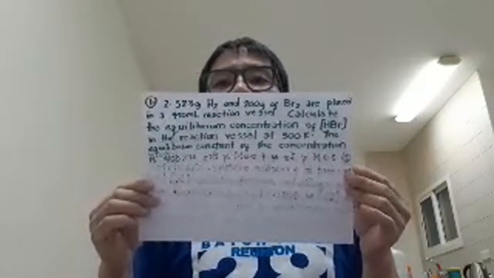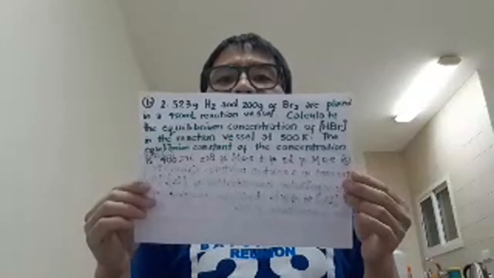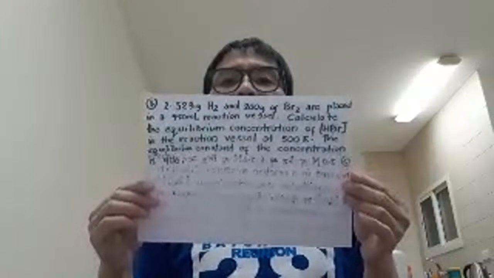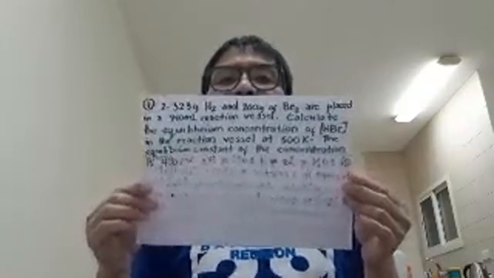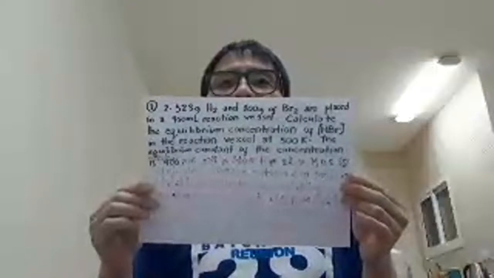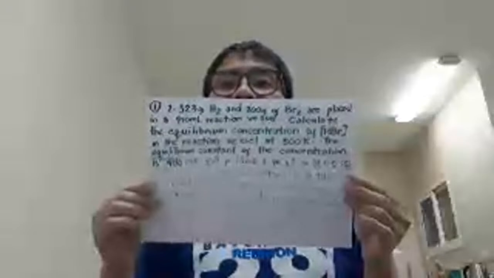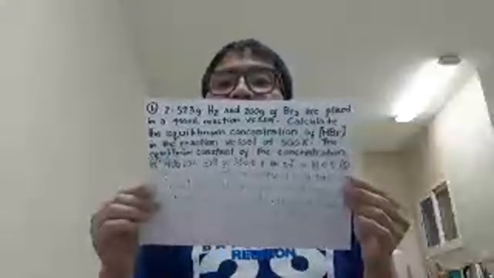Just take a look first and write down the given data in this problem and try to analyze what formula will be applicable. First you need to have the chemical reaction, then write all the data, the different variables.